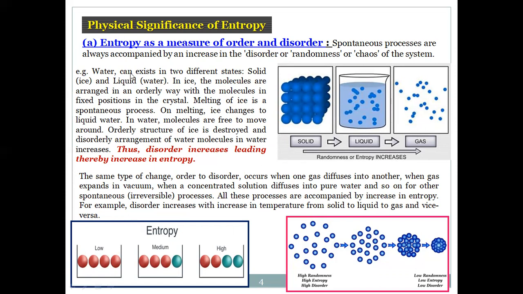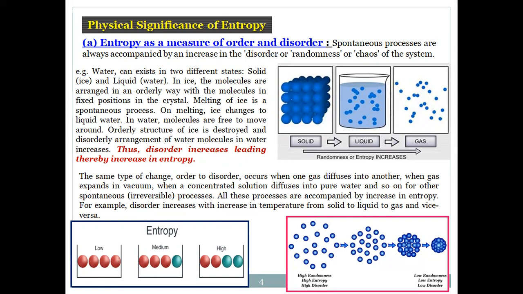As we know, water can exist in two forms, solid and liquid. In ice, the molecules are arranged in an orderly way, in fixed positions like a crystal. Melting of ice is a spontaneous process. On melting, ice changes to liquid, and in water, molecules are free to move around.